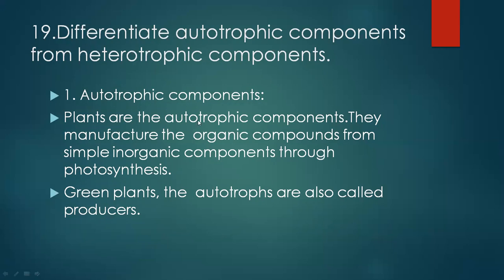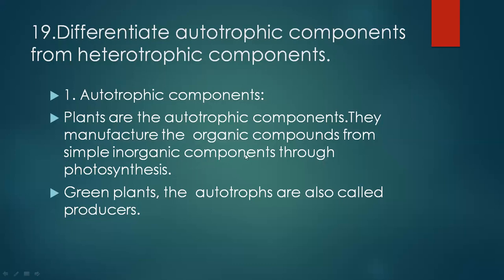So autotrophic components of the ecosystem, plants, manufacture the organic compound starch from simple inorganic components with the help of carbon dioxide and water through photosynthesis. The process is called photosynthesis.